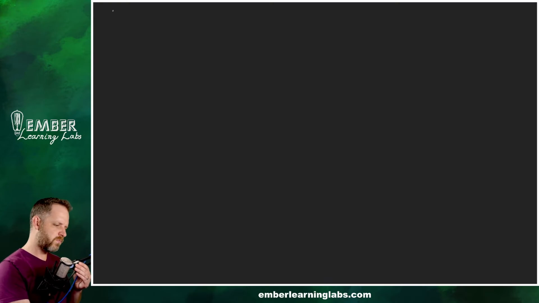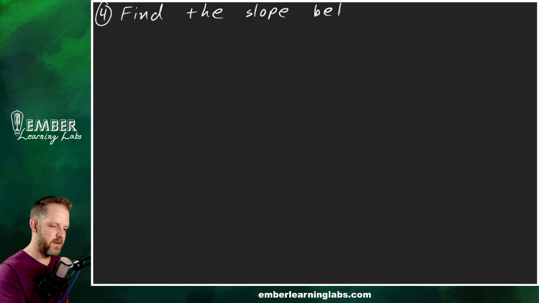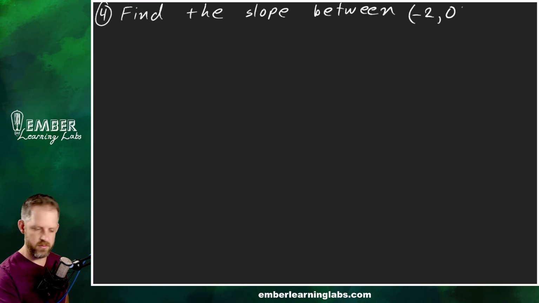So example 4 is going to be: find the slope between (-2, 0) and (1, 5).